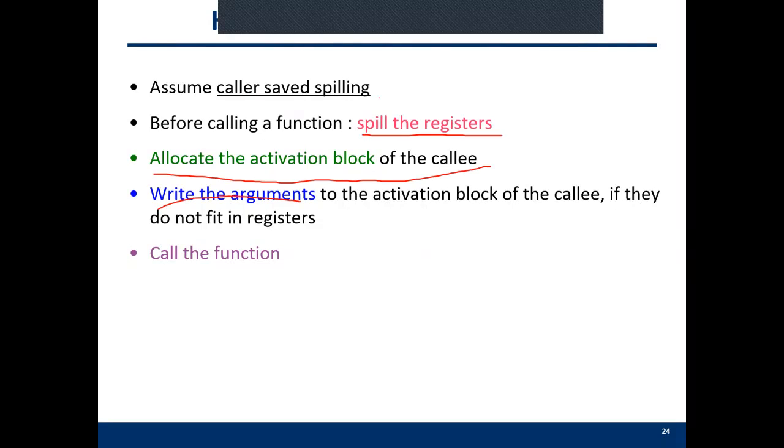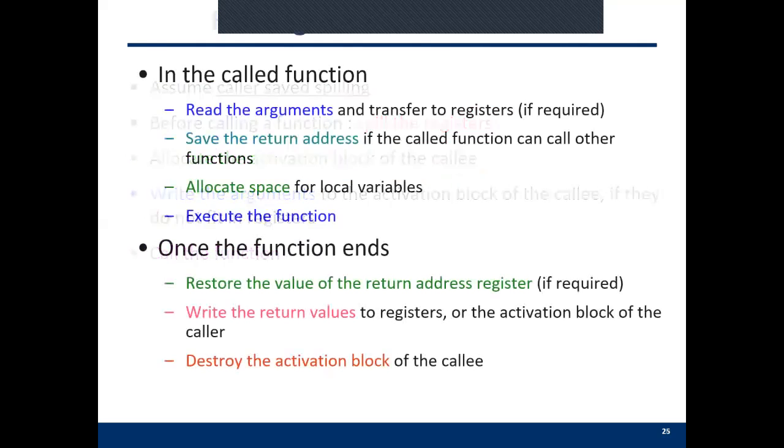We write the parameters we want to pass to the activation block if they cannot fit into the registers. We of course have some dedicated registers to do the argument passing, and then we can call the function.